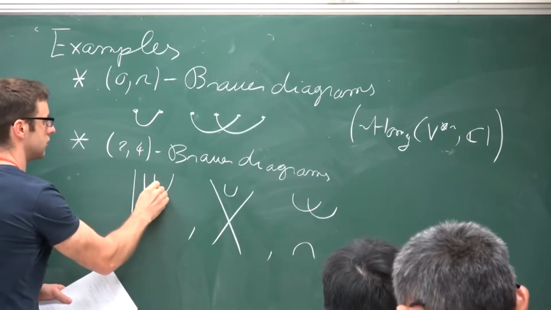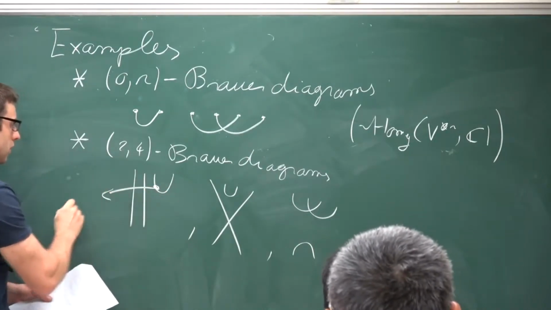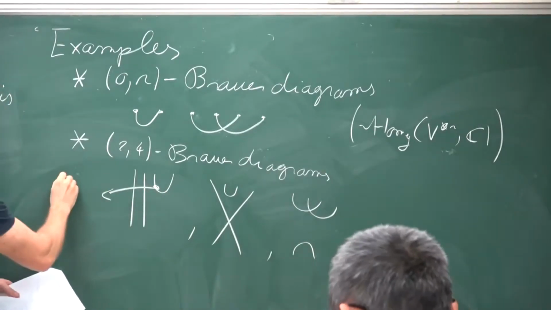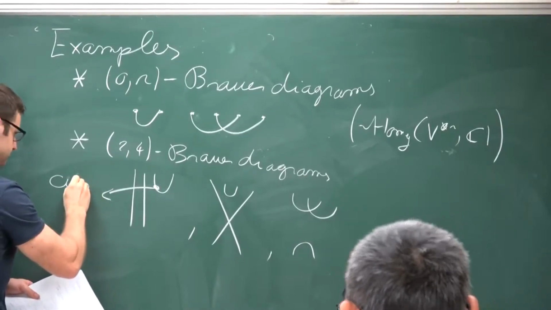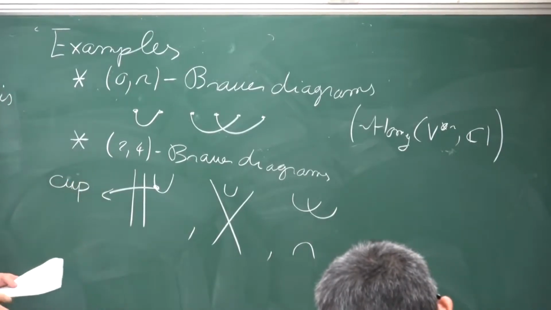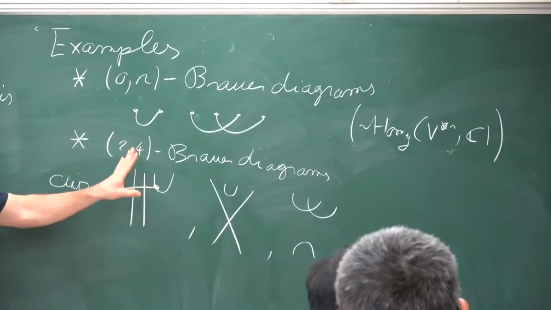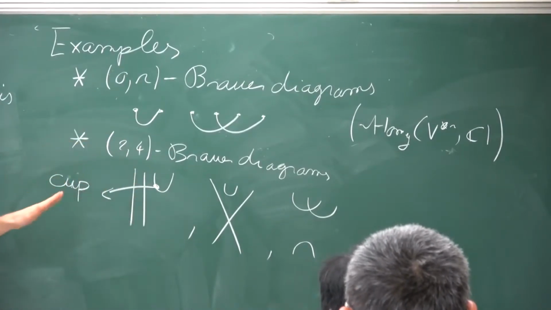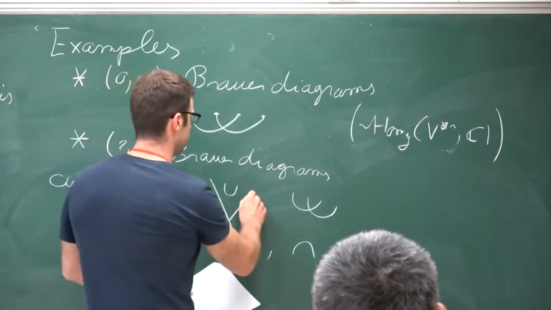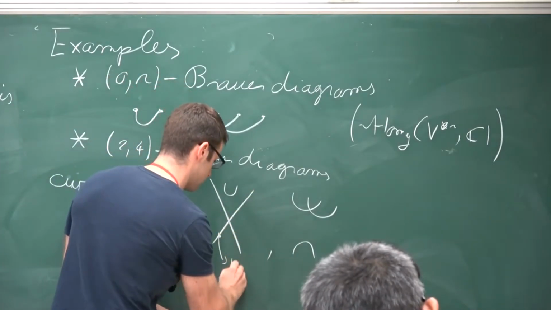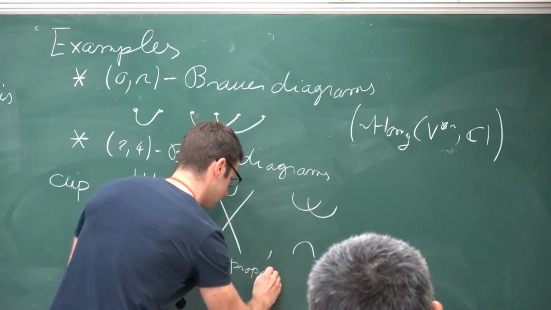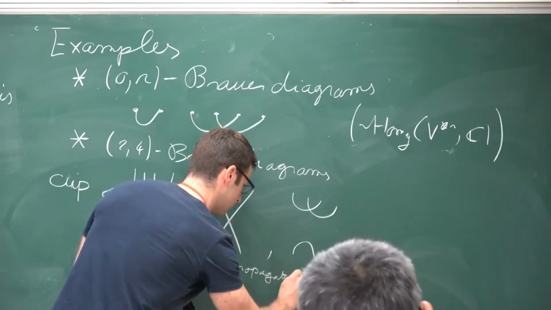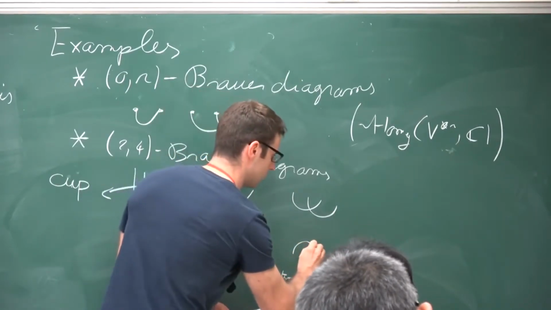I just drew these to introduce some terminology. We have some lines in the Brauer diagram. These lines, which both end on the upper line, are called cups. These ones are propagating lines. And these are caps.